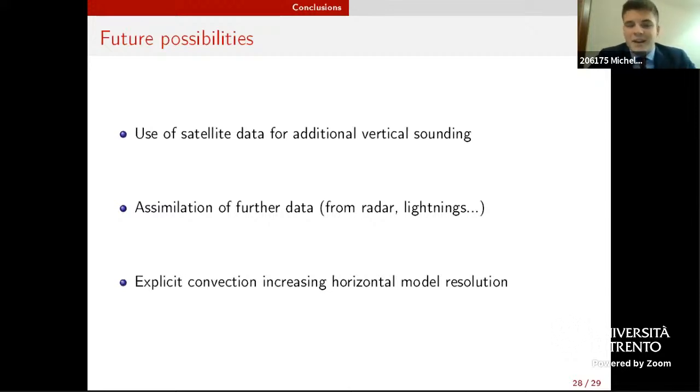But I would also like to have a more powerful computer to increase the time window of assimilation, because I think it would be very helpful. And also to increase the resolution of the model, to let the model explicitly solve convection, because in that case orography can also be improved a lot. So yes, thank you.